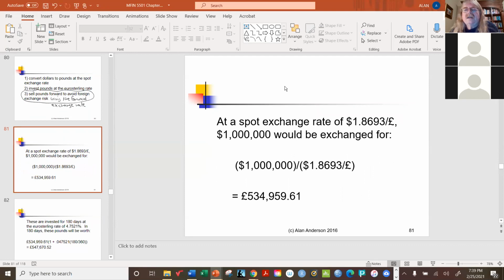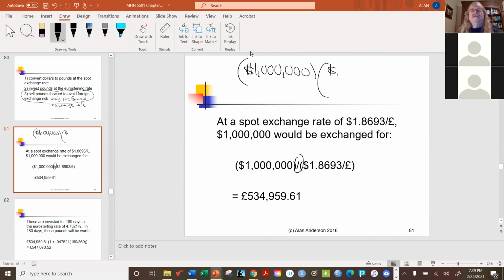So let's do that with these numbers. So here's our spot exchange rate, and you notice how we have to divide, not multiply. You've got $1 million, and you multiply that by, you divide, right? You divide. Let me write it out properly. All right, let me fix this. I've written it as 1.8693 per pound.